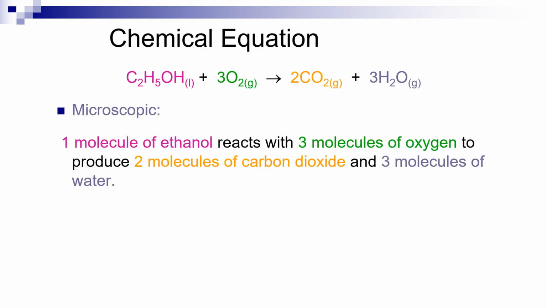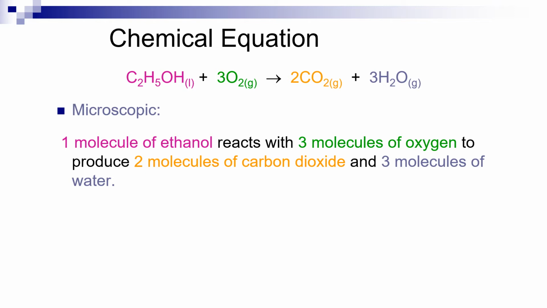This equation is reacting ethanol with oxygen, which is combustion of ethanol, and it's producing carbon dioxide gas and water vapor. If we look at it at a microscopic level, we can read it as 1 molecule of ethanol reacts with 3 molecules of oxygen to produce 2 molecules of carbon dioxide and 3 molecules of water.